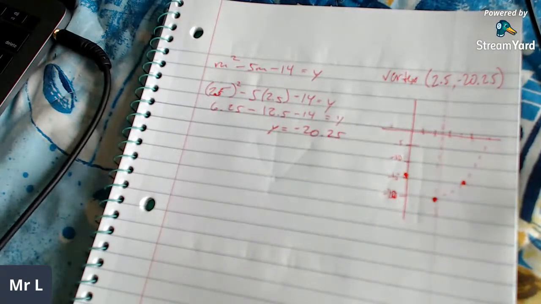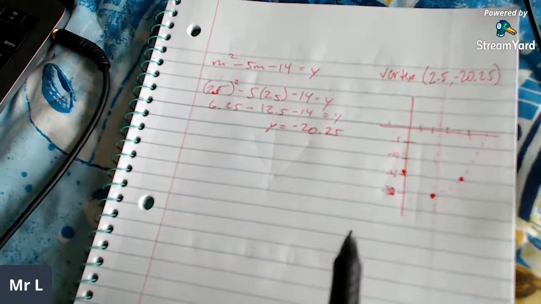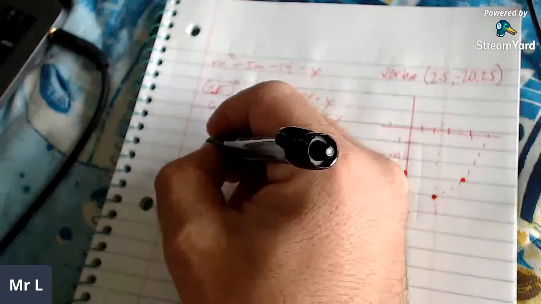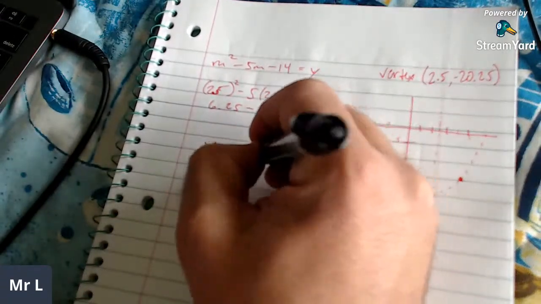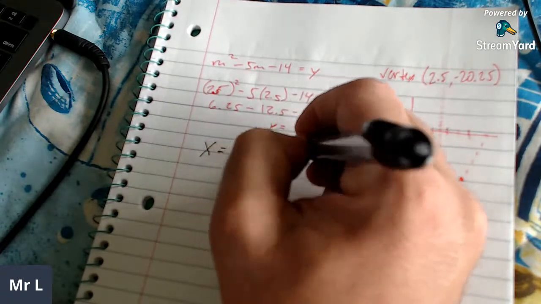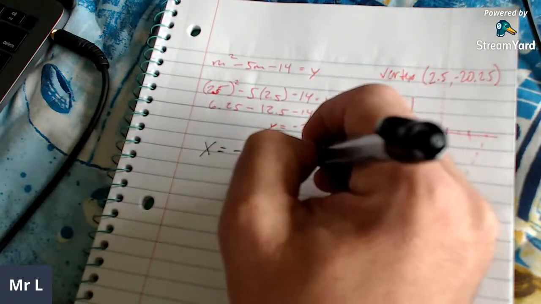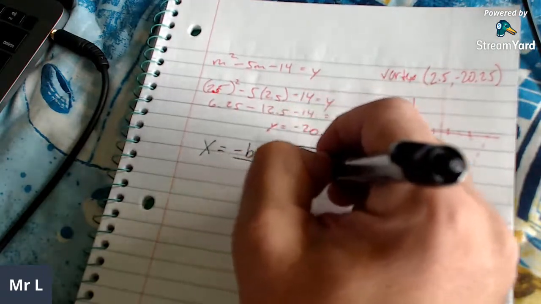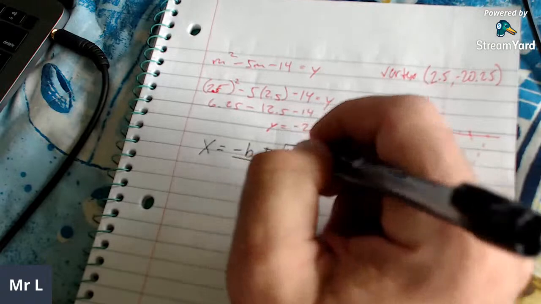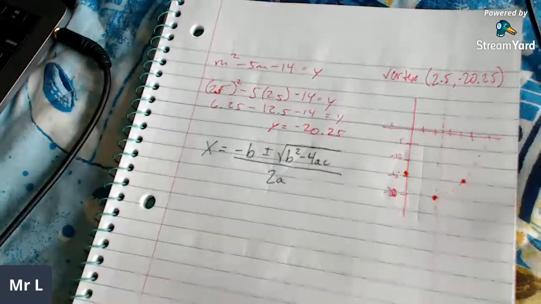Let me use a different color because it's a different point. When I realized this, all of a sudden the quadratic equation made a whole lot more sense to me. Okay?